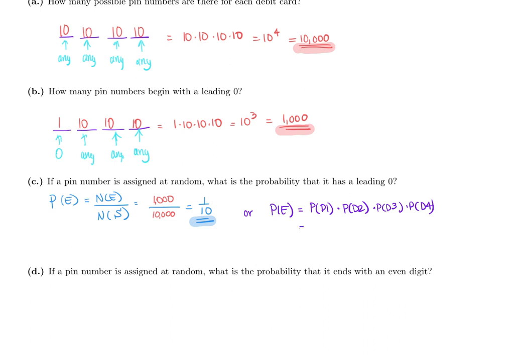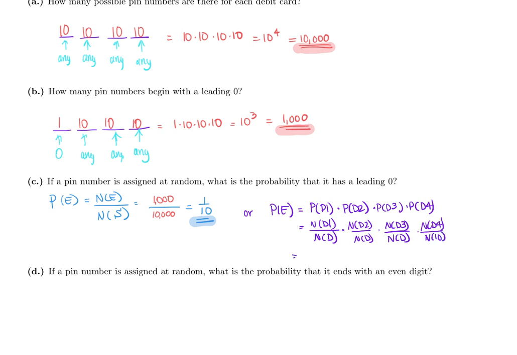And the way that would work would be number of ways to choose digit 1 out of number of ways to choose all your digits, and same for second digit over all of them, third digit over all digits, and fourth digit over all the digits possible.